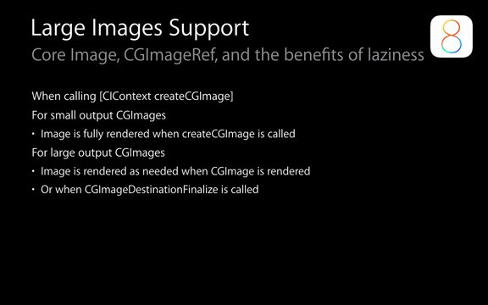However, if you're producing a large CG image as an output, such as in the example of the photo extensions, the image is only rendered as needed when the CG image is rendered. This is also important because a very common situation is you pass the CG image to CG image destination finalize to encode it back as a JPEG.